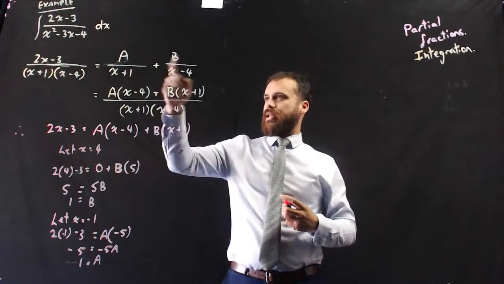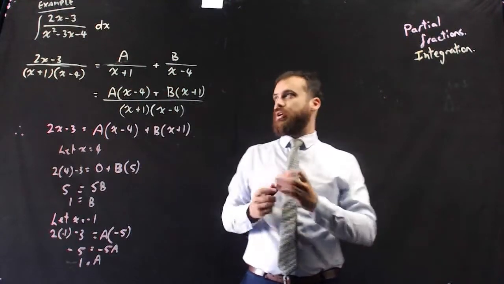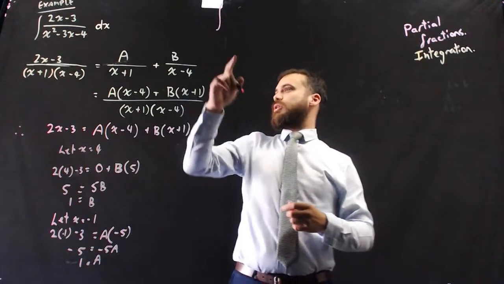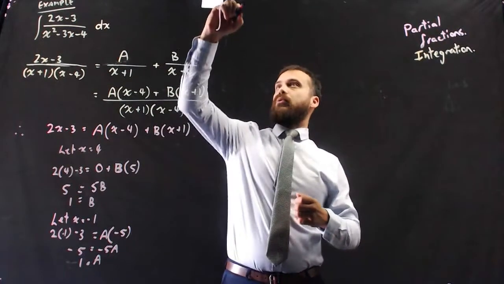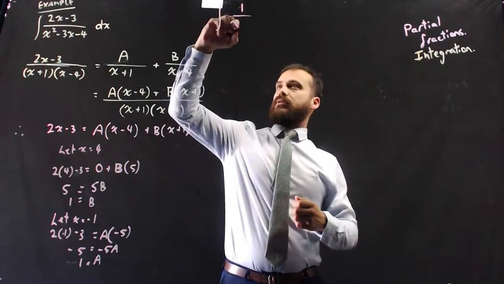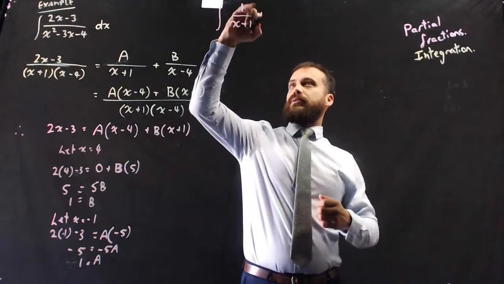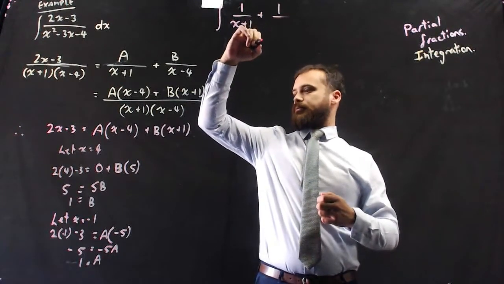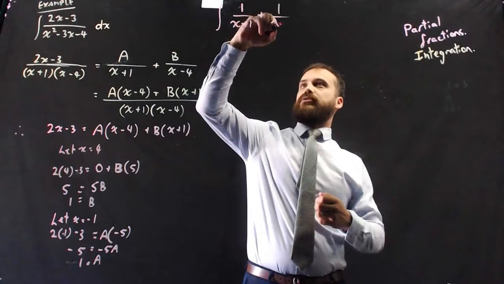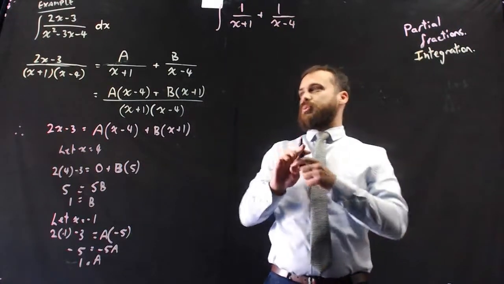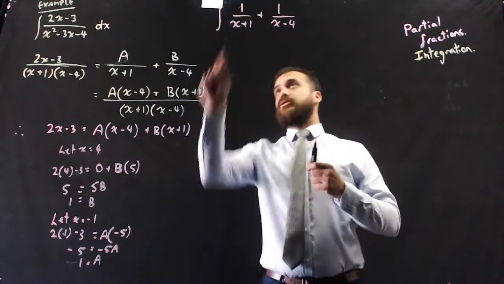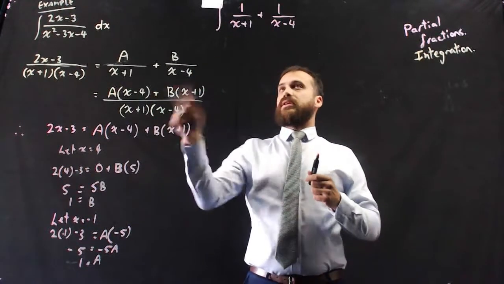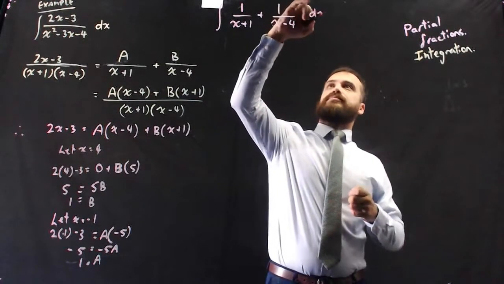Now that we know what our A and our B are in our partial fractions, we can rewrite this, and we can say that the integral of 1 over (x + 1) plus 1 over (x - 4), because we know our A value was 1 and our B value was 1, with respect to x.